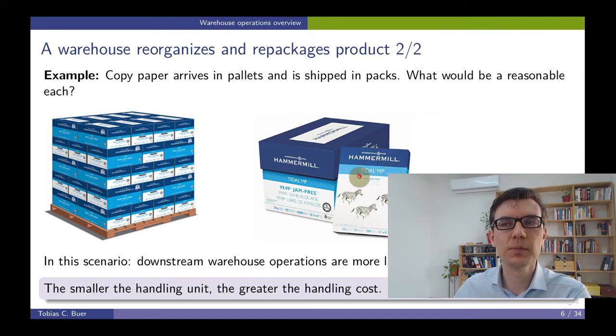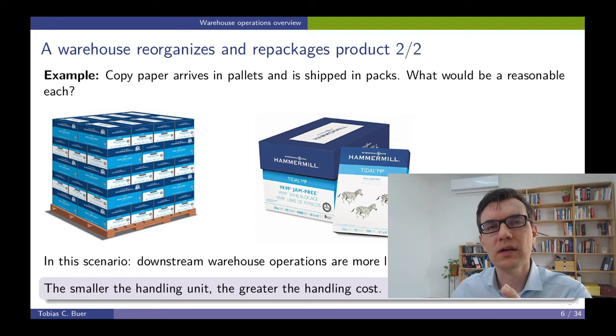Here it would be reasonable to consider such a 500-piece paper pack as one each, one item that we track. For a warehouse, usually it will not make sense to consider one page of paper as a storage unit. This makes no sense for most warehouses. So in this example, we have a pallet consisting of cases, one case consisting of 5 packs, and the pack is in that case also the each.